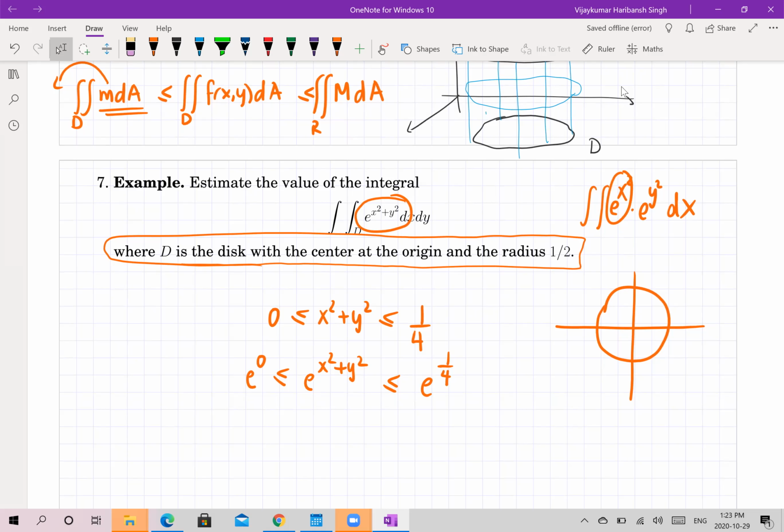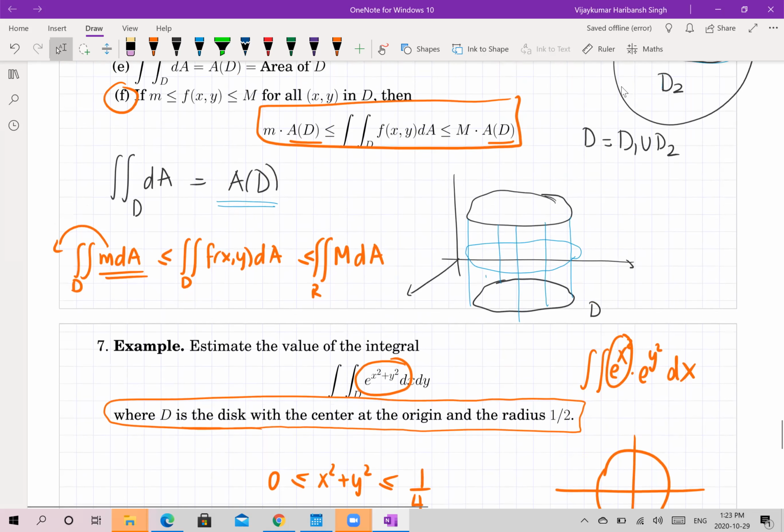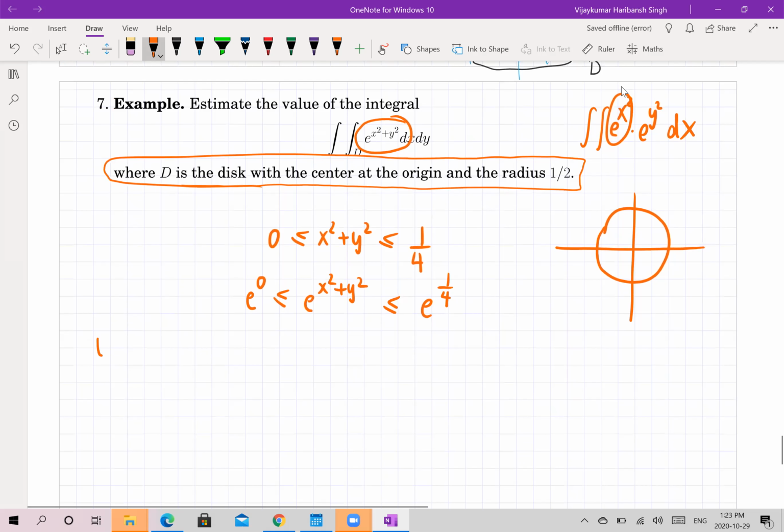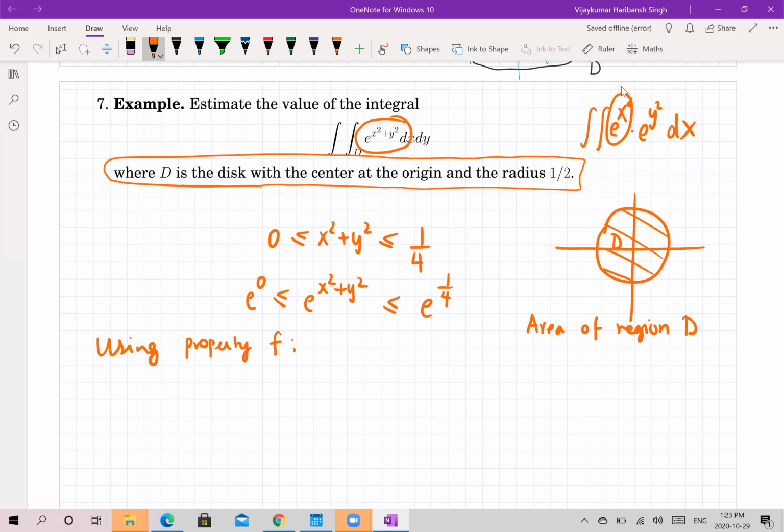So using the estimation property, this is your region D. The area of region D, let's call it A_D, is the area of a circle of radius 1/2.